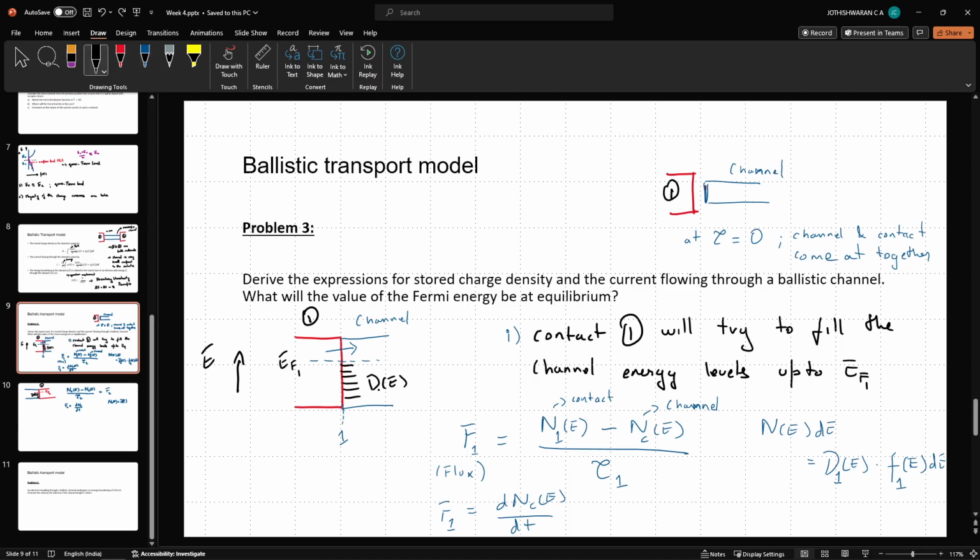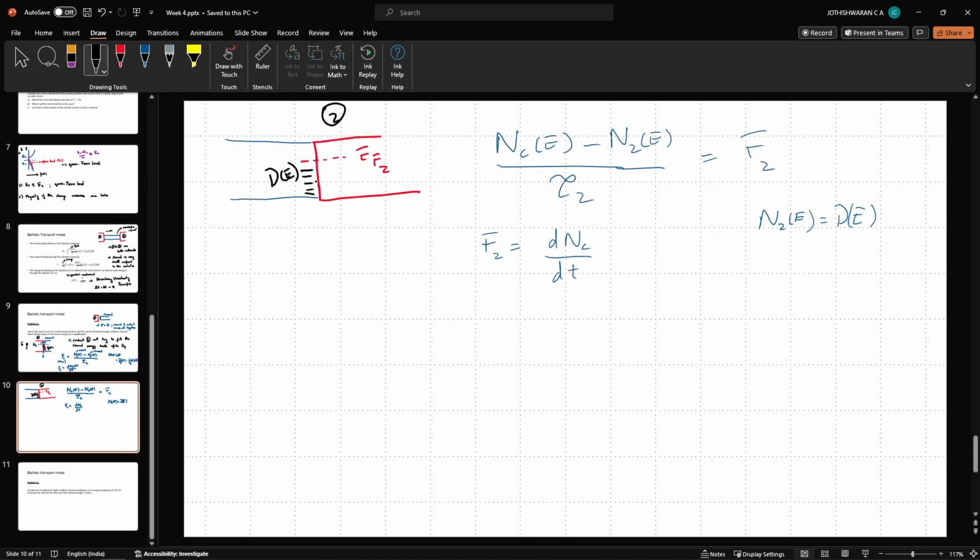So that should be understood, because the bulk material can be 3D and the channel can be 1D. I can connect it with a nanowire, or I can have a quantum dot in the middle. It can even be a 0D channel. So the density of states function depends strictly on the dimensionality of the system. So this is again D2 of E.